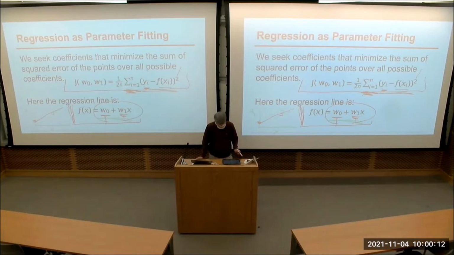And so this formula gives you a measure of how good W0 and W1 are at fitting the points. It is exactly computing the squared error. And in fact, since we happen to divide it by 1 over n, forget the 2 for now, we happen to be getting something like the mean squared error, okay? Any questions?